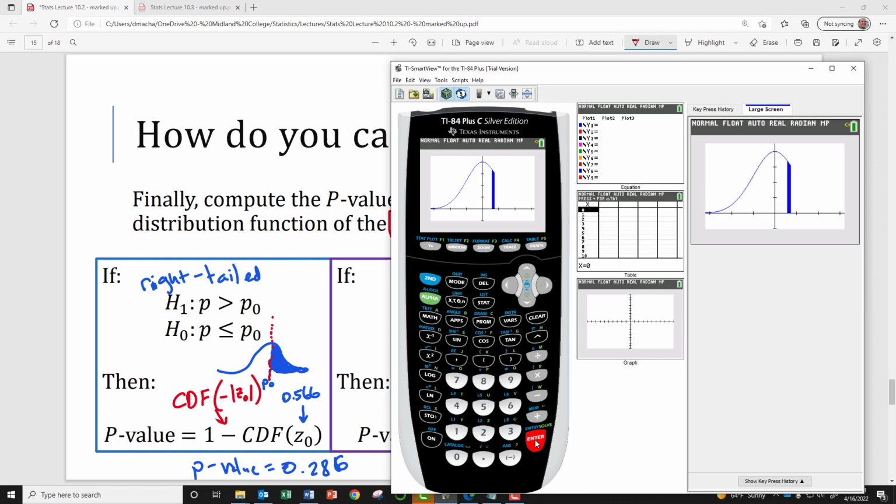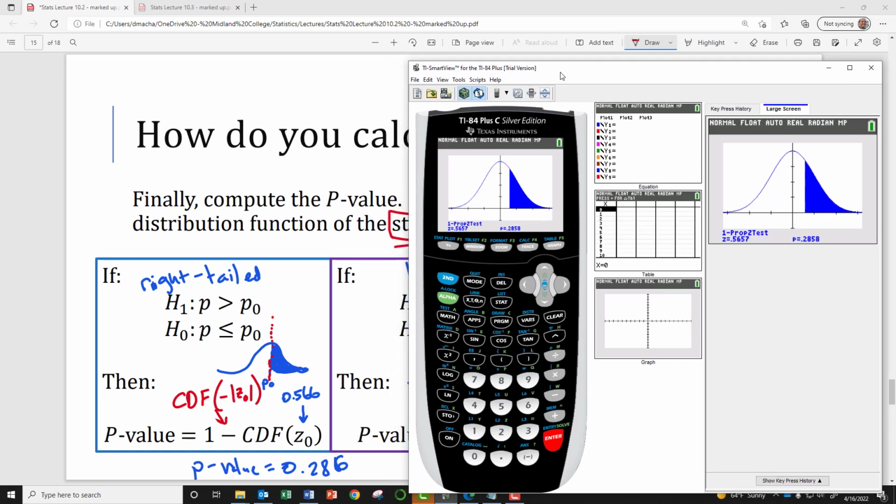And it's going to draw me this nice bell curve, which would be the standard normal distribution. It's going to highlight in blue the area which represents the probability of making a type 1 error. In other words, that area highlighted in blue is my p-value of 0.286.